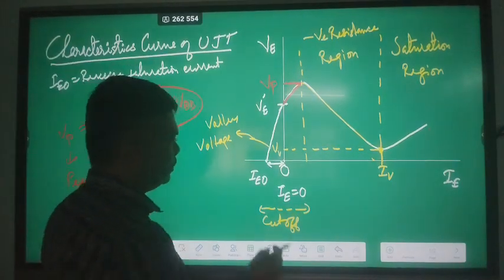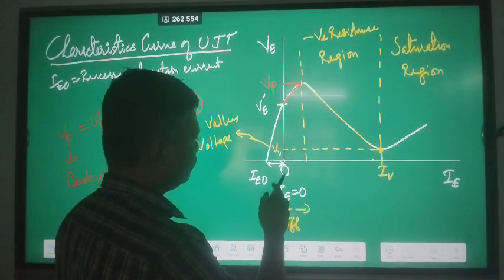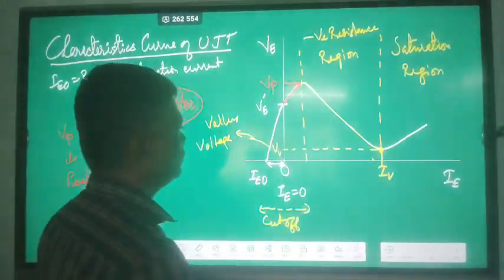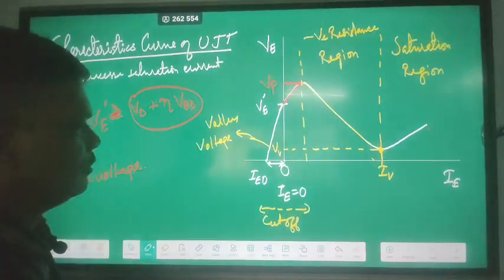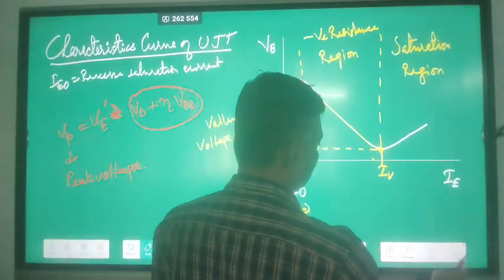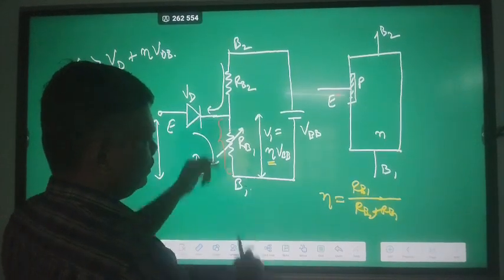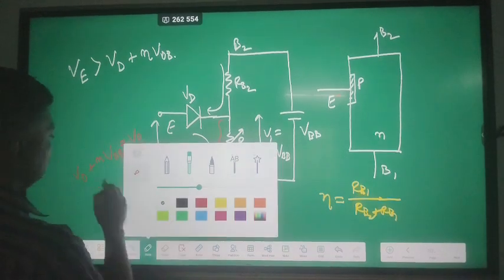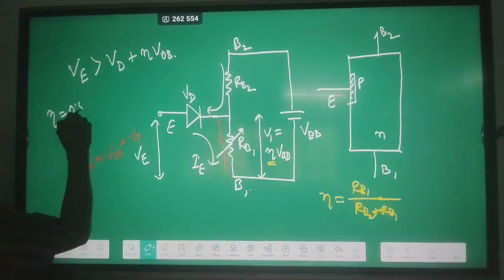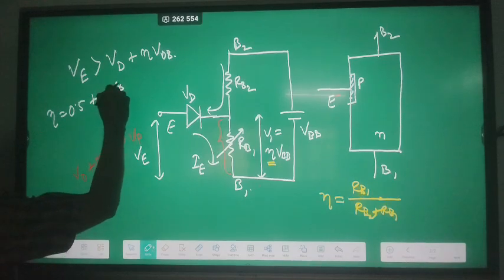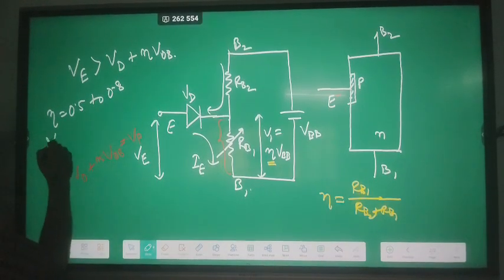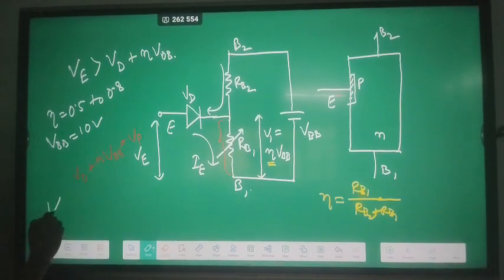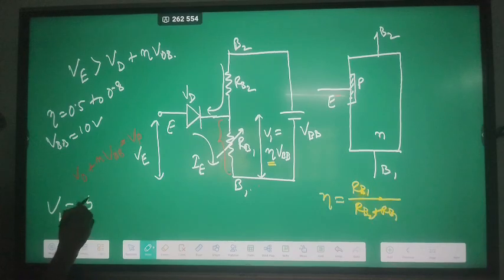So the UJT will remain cut off up to this Vp, where Vp is the voltage that is required to overcome the voltage drop, this one. Now the value of eta generally lies from 0.5 to 0.8, and if you are applying VBB of 10 volts, then V1 will be equal to 5 volts.